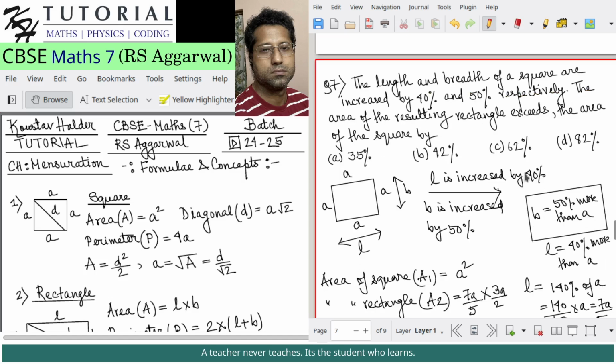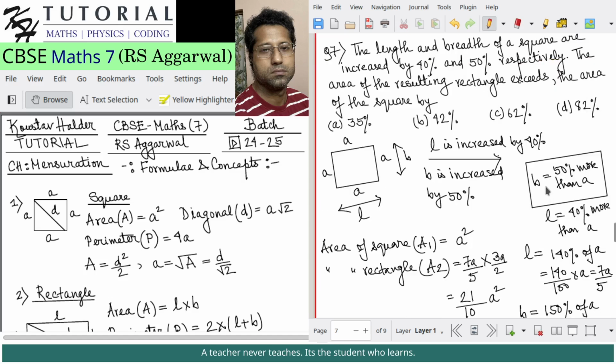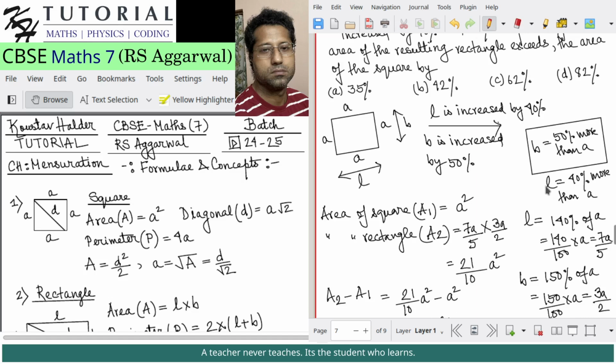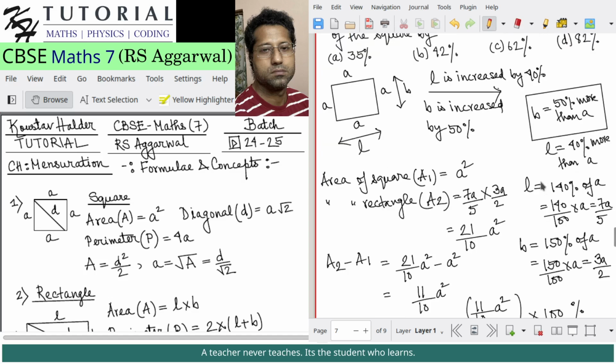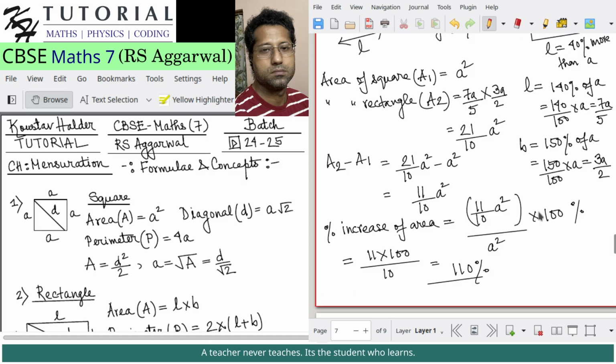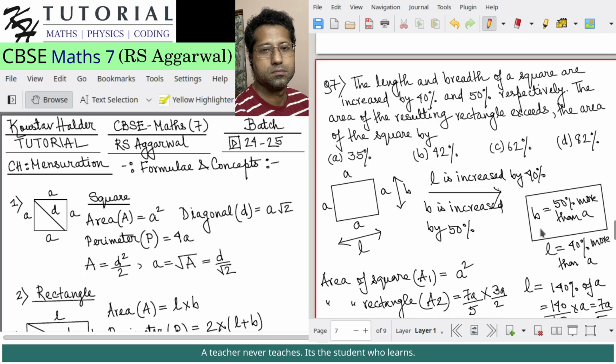If I consider that to be the problem, then also the answer will be same, because the area of the initial original rectangle will be LB and the area after the length and breadth were increased by 40% and 50% would be 21 by 10 LB. Even then the percentage increase will be same.